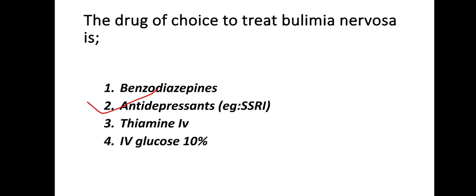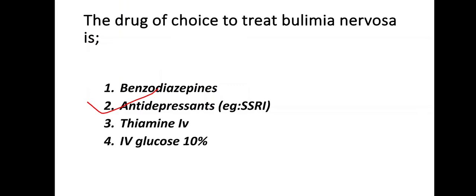SSRIs are known as the drug of choice for depression and neuroses like OCD, obsessive compulsive disorder, PTSD, post-traumatic stress disorder, phobia and bulimia.